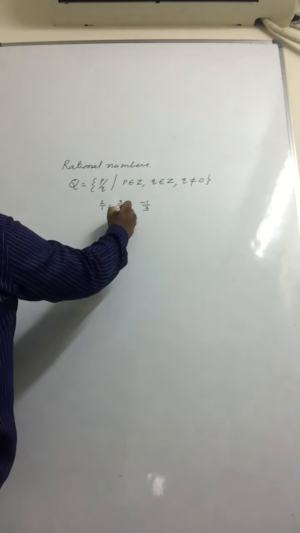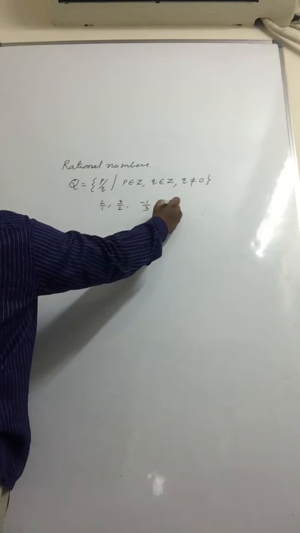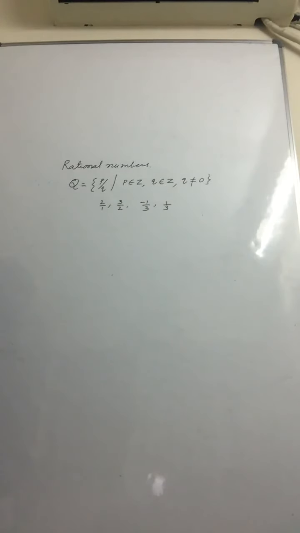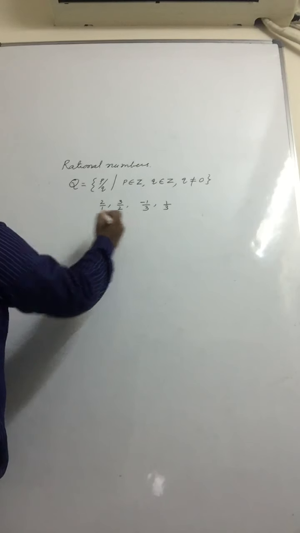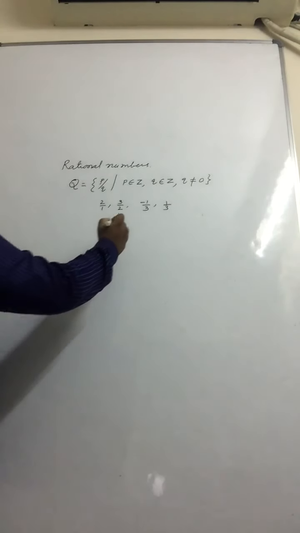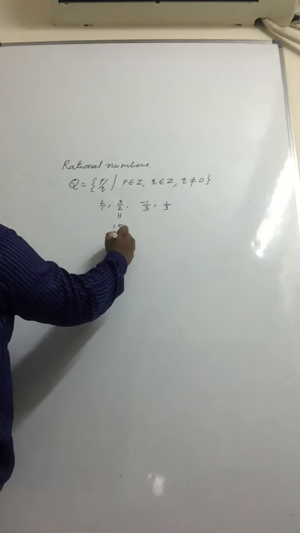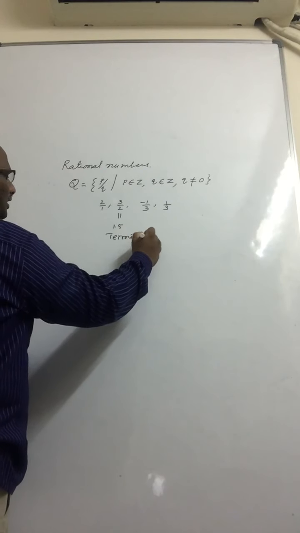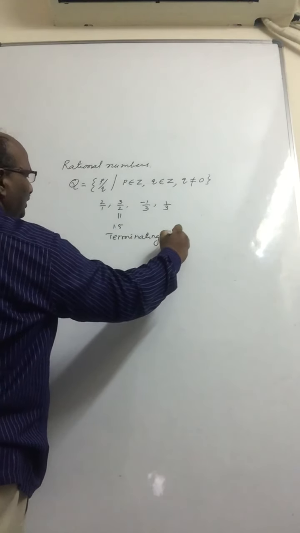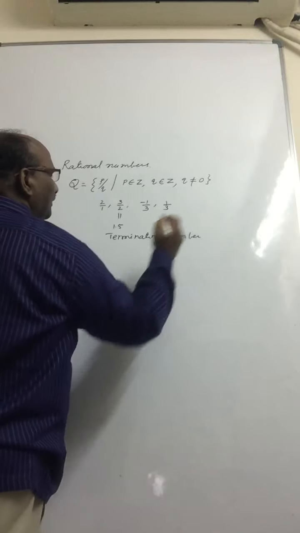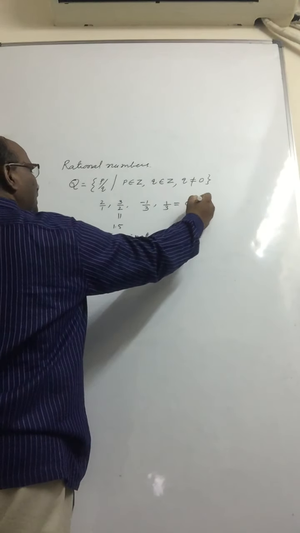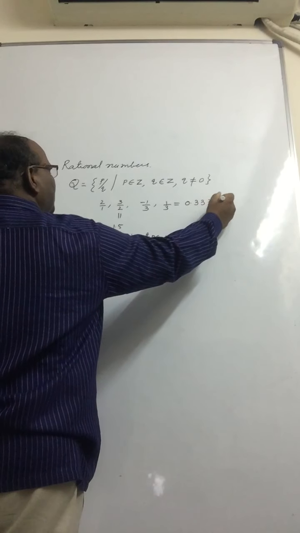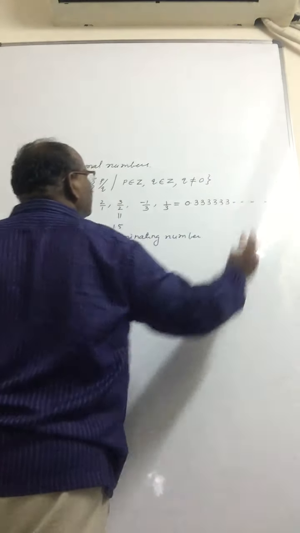Here if you observe these numbers, even 1 by 3 is also rational. If you observe 3 by 2, it is 1.5, which is known as a terminating number. If you consider 1 by 3, we will write it as 0.333 and so on.